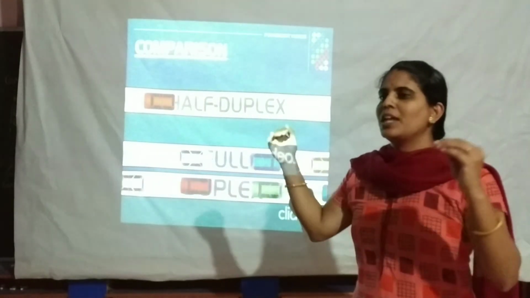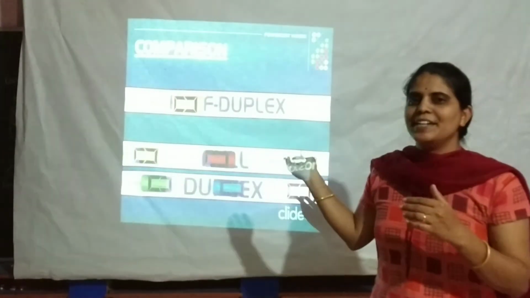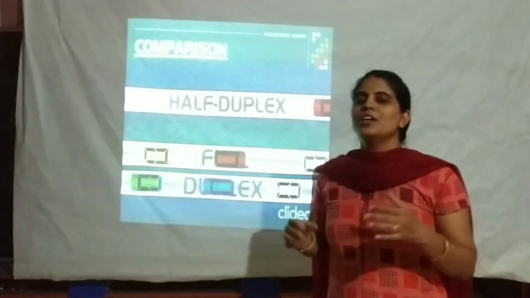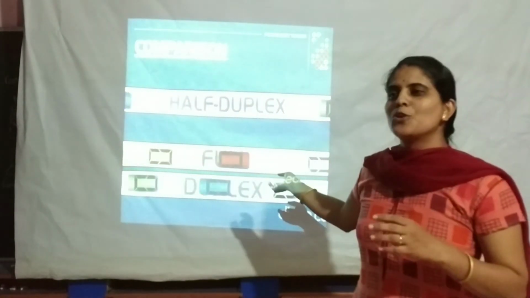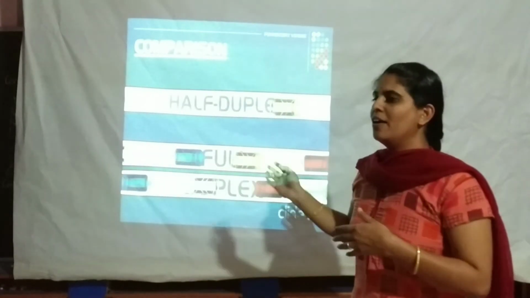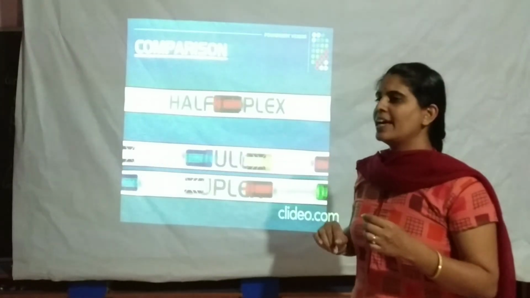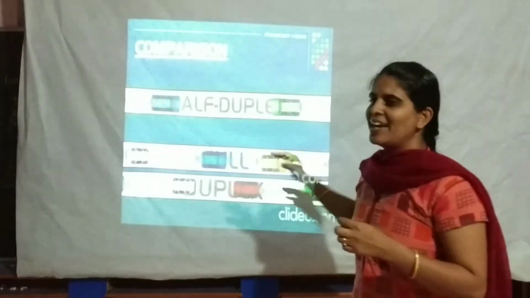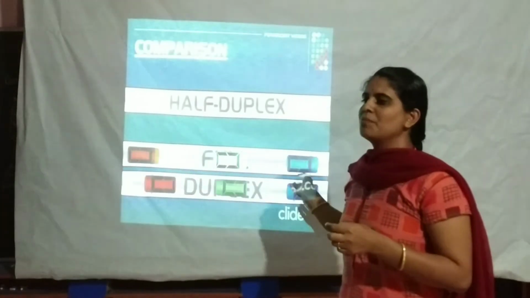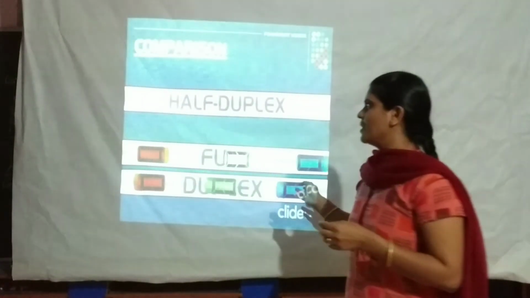Simply, if vehicles are coming from both directions, they will collide with each other, as we can see here. And the full duplex mode is like a two-way lane. There is a separate path for each direction of vehicles, with a divider in between, so that there is no collision. Vehicles can move in both directions.